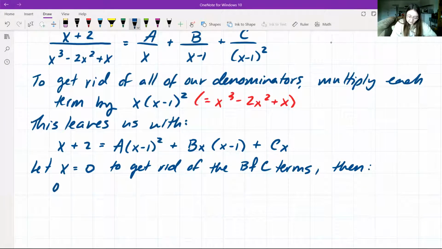Then when we plug in 0, we get 0 plus 2 is equal to a times 0 minus 1 squared plus 0 plus 0, so we won't include them.